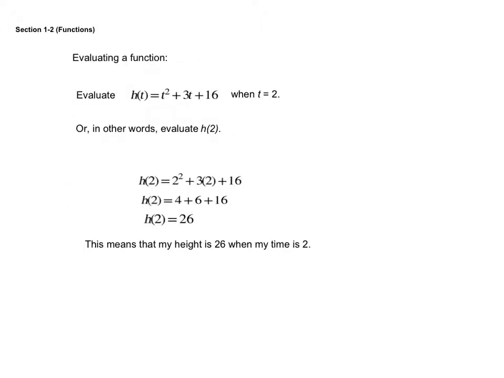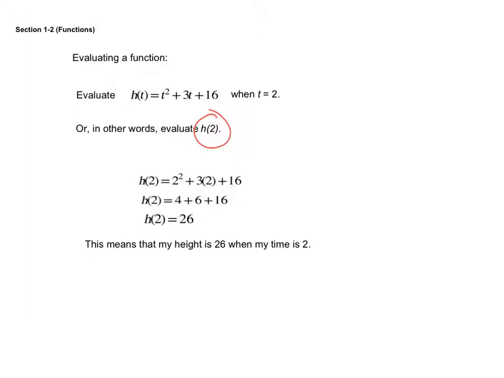Now, let's take that equation and ask ourselves, well, what is height when time equals 2? Notice I haven't put units in here. I haven't done that yet, but you will. Trust me, you will. But when I say evaluate the function h of t when t equals 2, I can also write it thusly, like so.